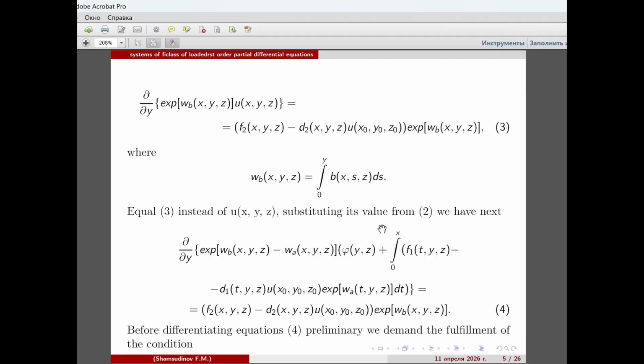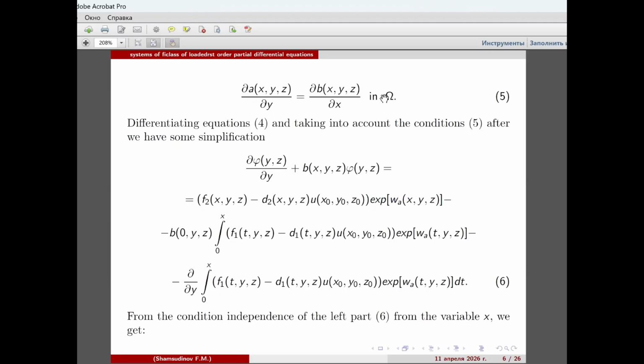Instead of u(x,y,z), substituting its value from 2, we have the next equation 4. Before differentiating equation 4, we demand the fulfillment of the condition 5.